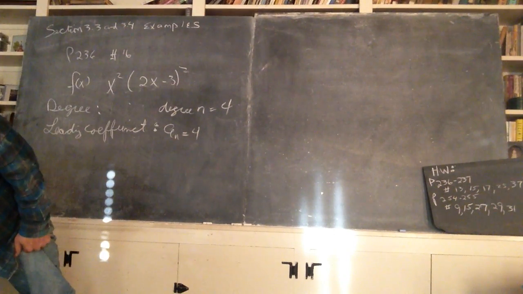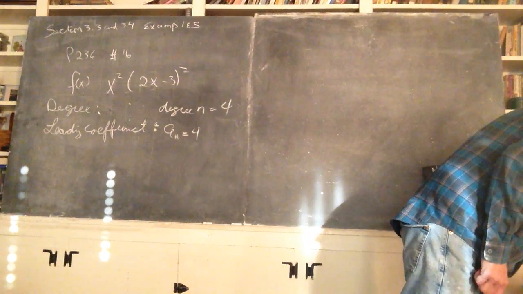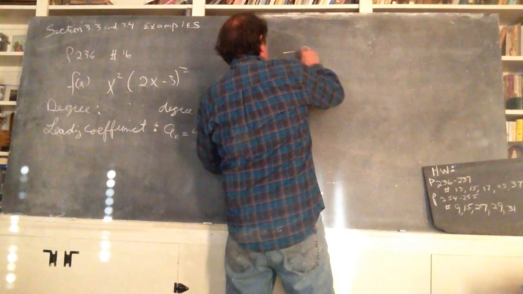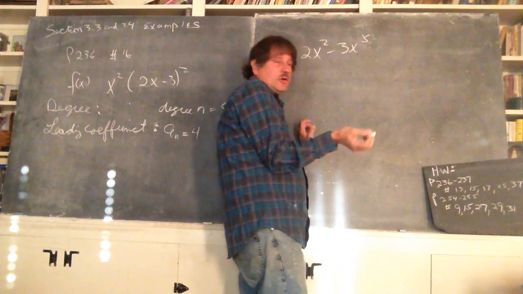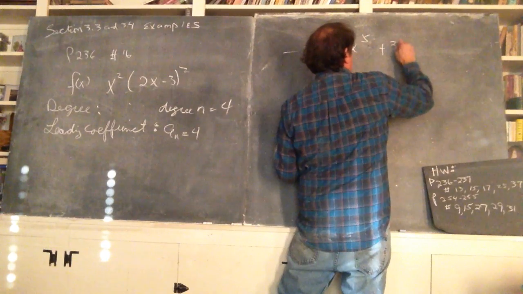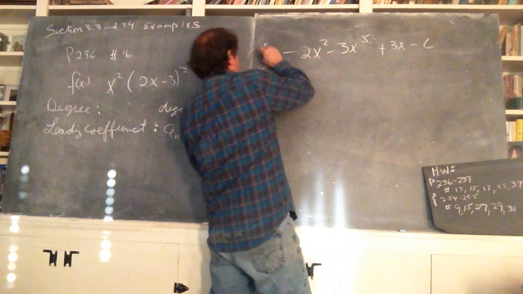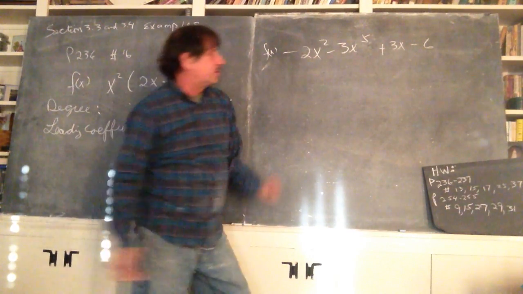Let's try number 14, because that's number 14 on the same page. Negative 2x squared minus 3x to the fifth, plus 3x minus 7 or something. The point is, what's the leading coefficient and what's the degree?